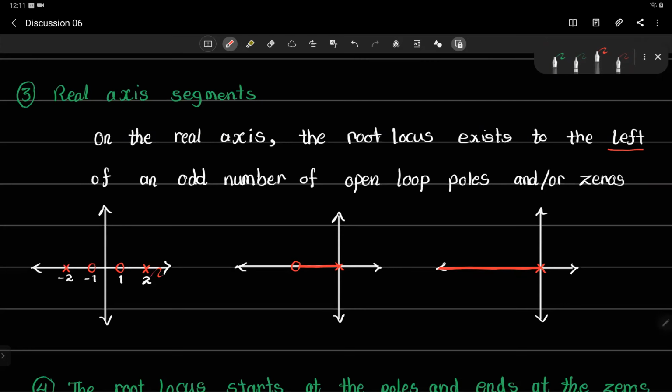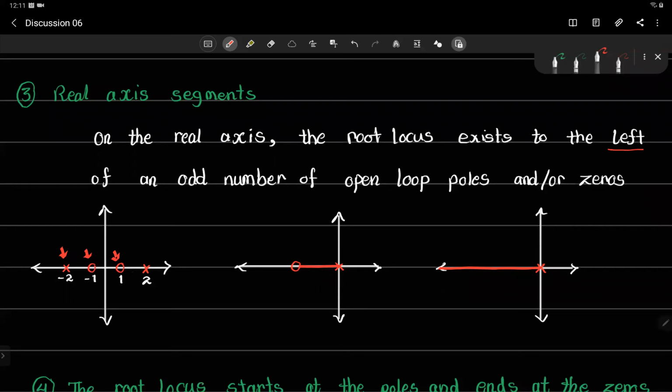Okay, and so we start at 2. We see that 2 has nothing that precedes it on the real axis, to the right. There are no poles here, which means 2 is the first pole on our real axis. And so between 2 and 1, we will always have an odd number to the left of the roots, because we will have this one, this is -2, then this is -1, and then this is 1.